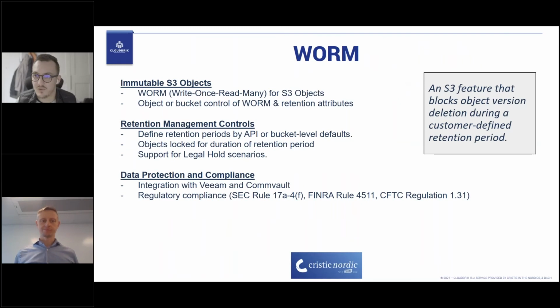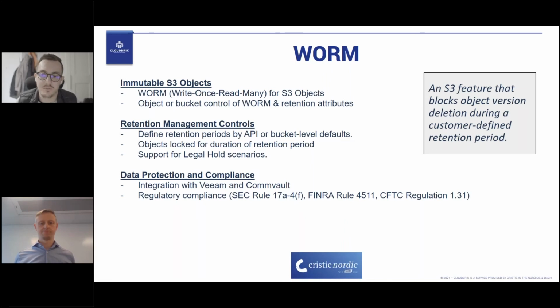So first off, we already touched a bit on it: WORM, write once, read many. Amazon a couple of years ago developed an API called S3 Object Lock, and that's basically what WORM is. So that's the API from the S3 stack we use to WORM protect data.